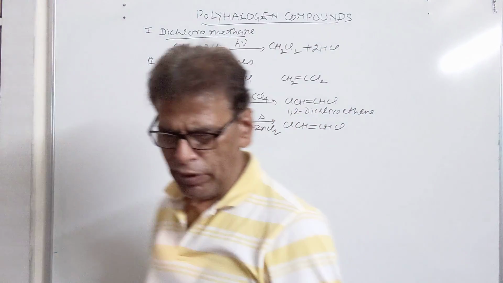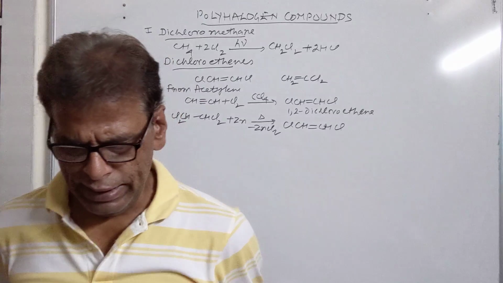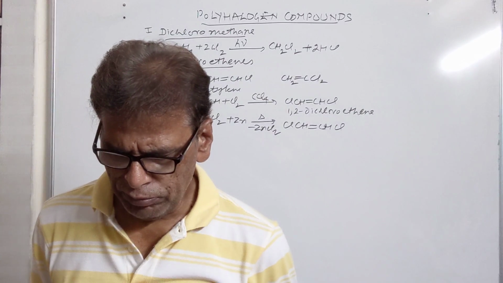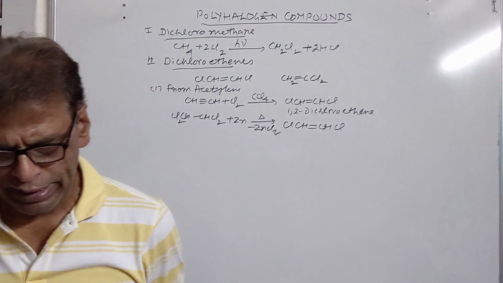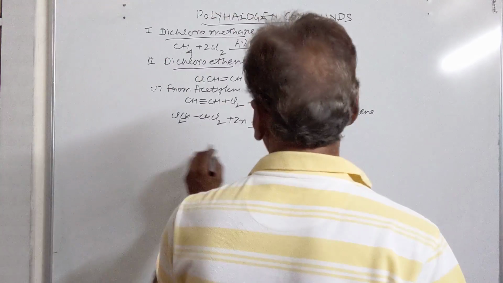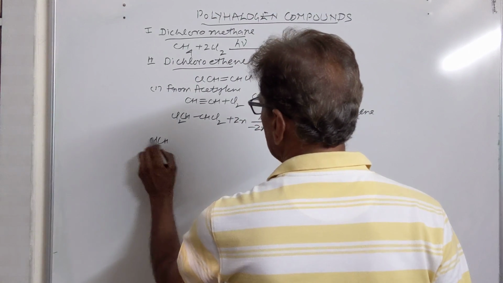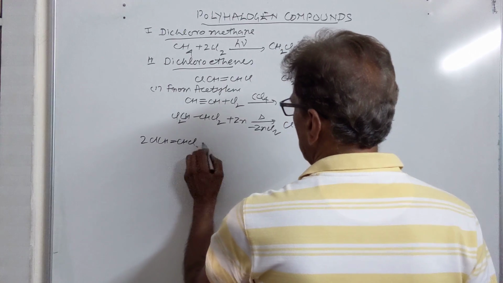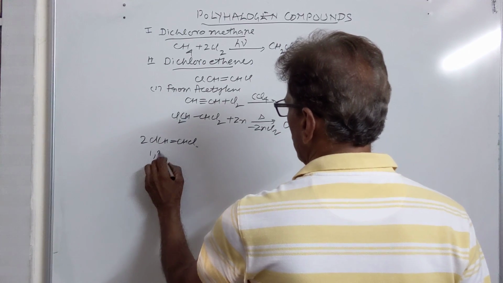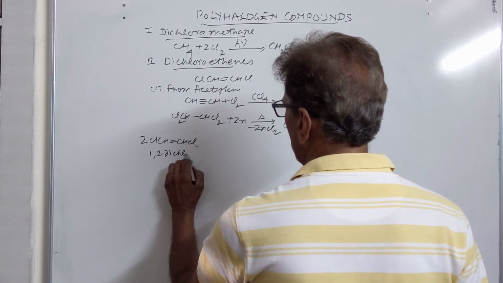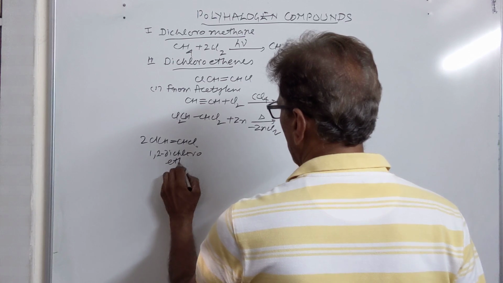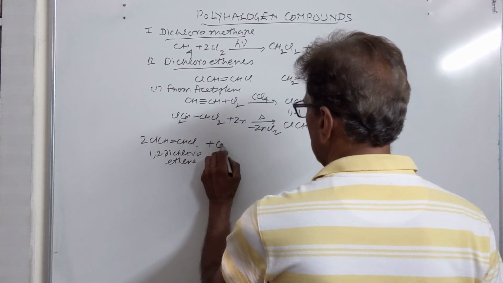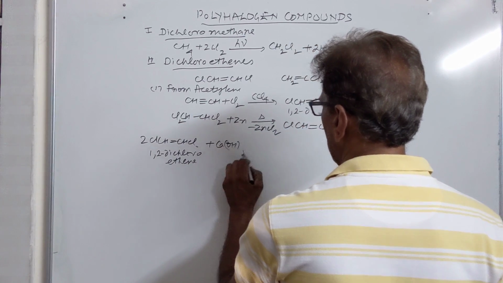Then we prepare the next, that is 1,1-dichloroethane. It can be prepared from 1,2-dichloroethane. Two molecules of it are taken and heated with calcium hydroxide.